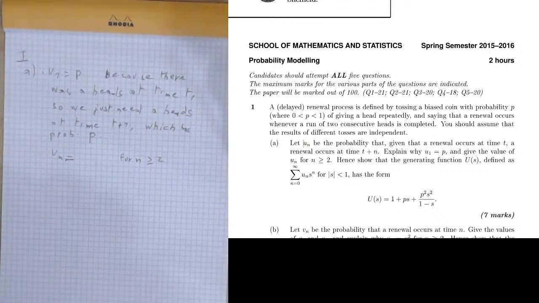we're going to get p squared because that's the probability of getting two heads in a row.